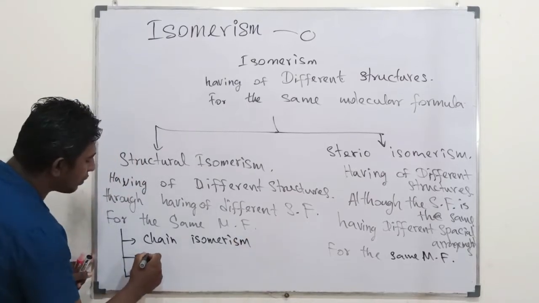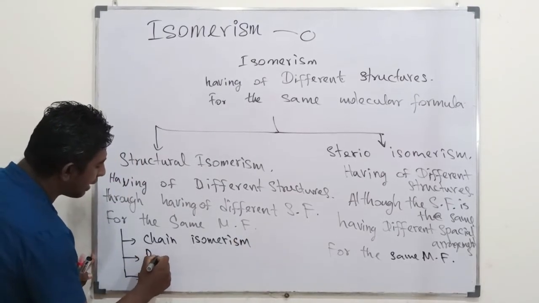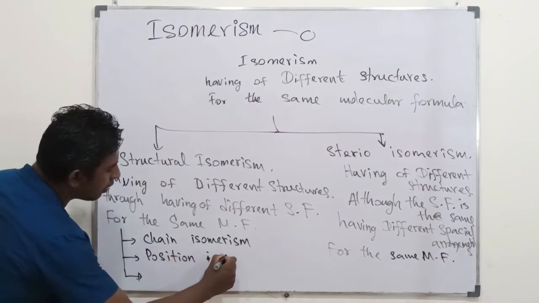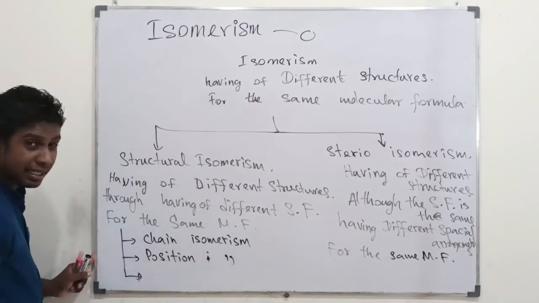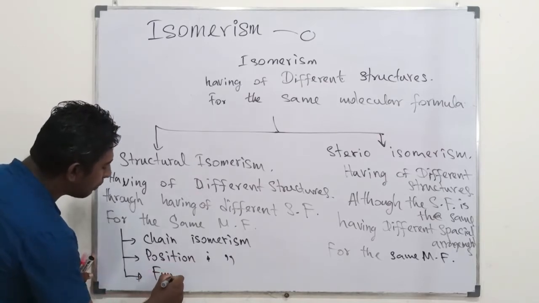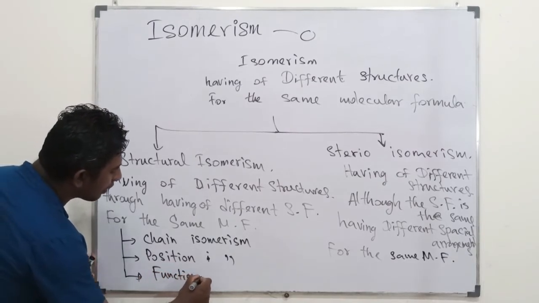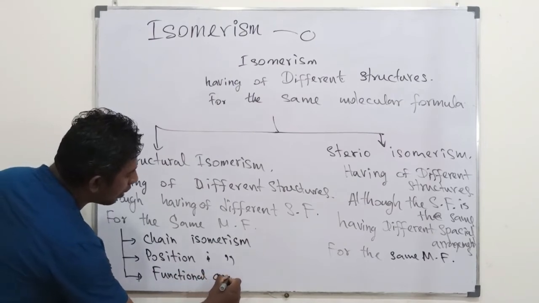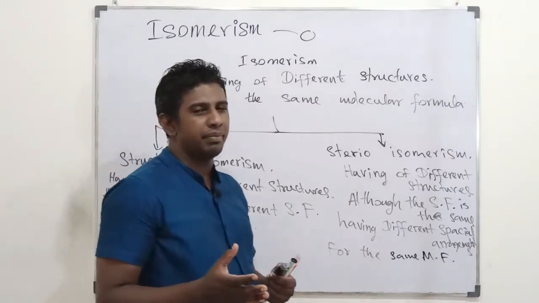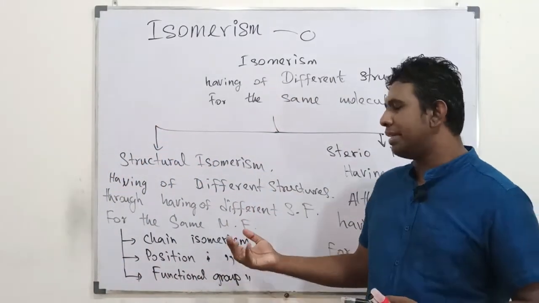Then the other one is called position isomerism. The other type is called functional group isomerism. So there are such three types. One is the chain isomerism.